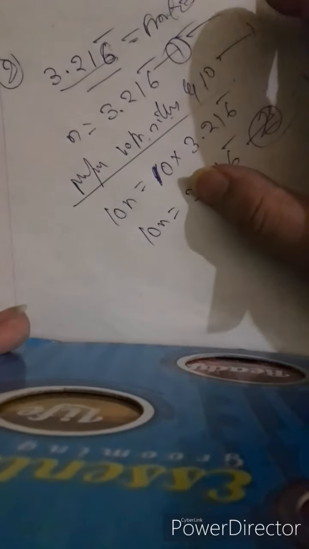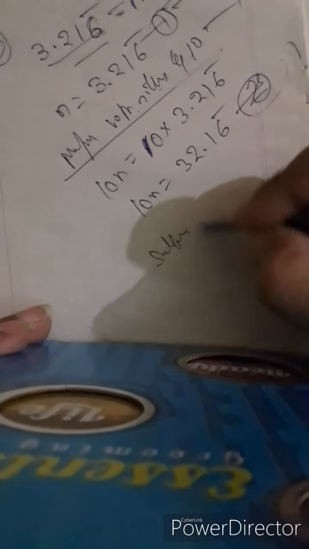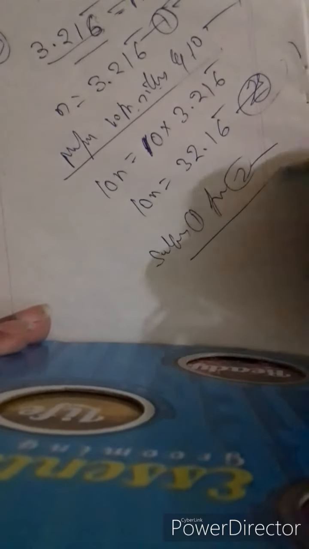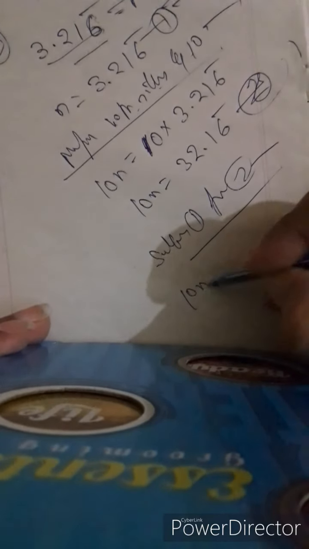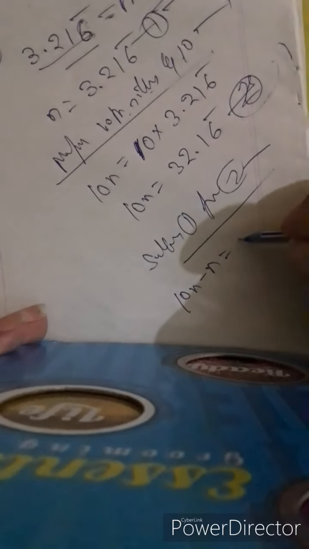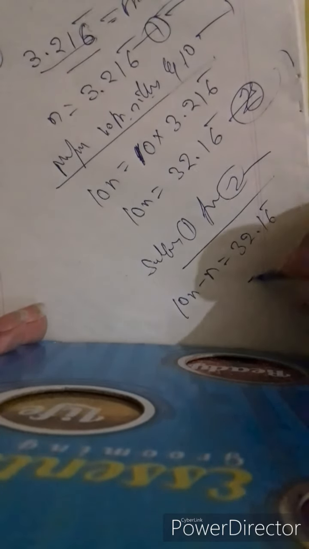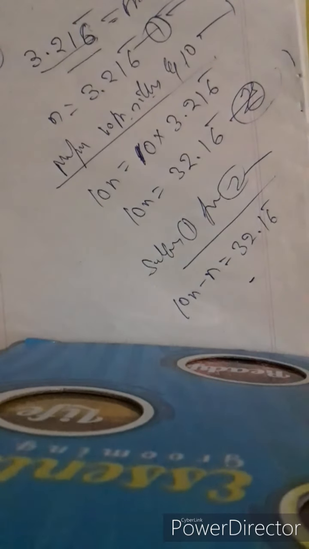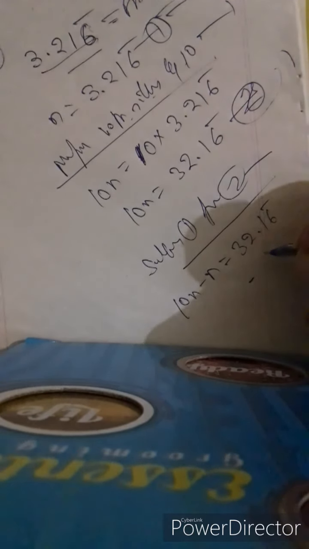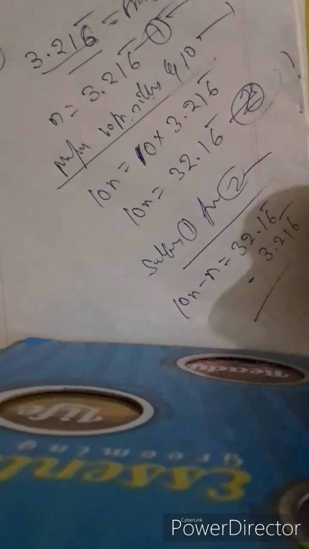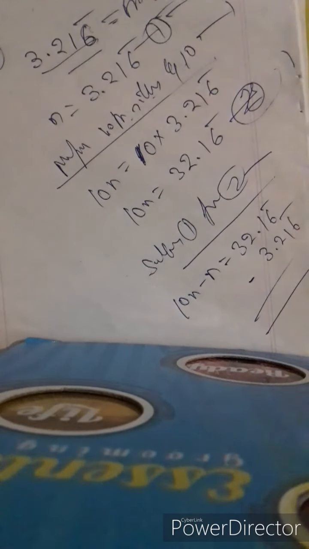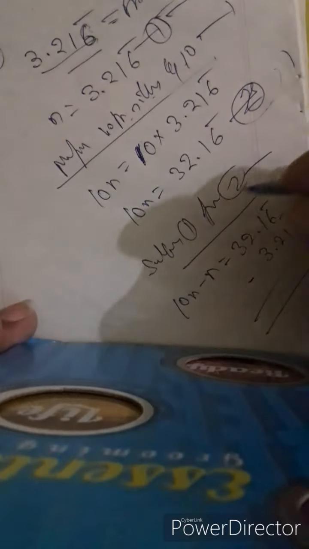Now subtracting 1 from 2, we get 10n minus n equals 32.16 bar minus 3.216 bar.